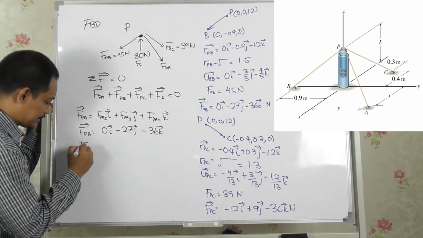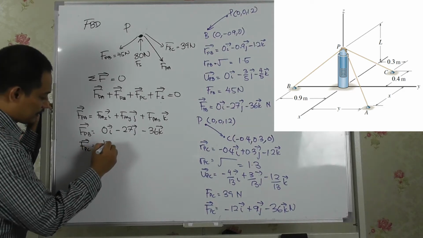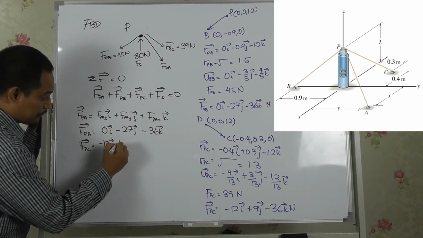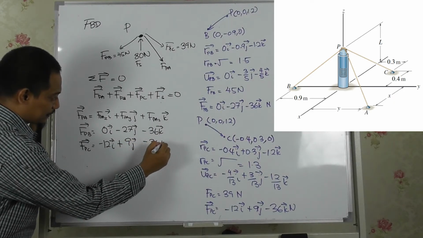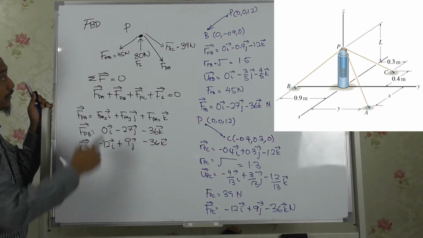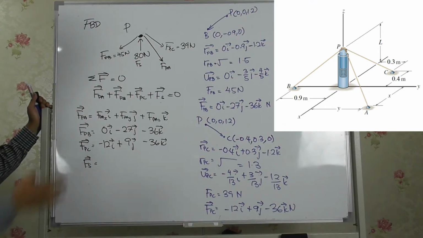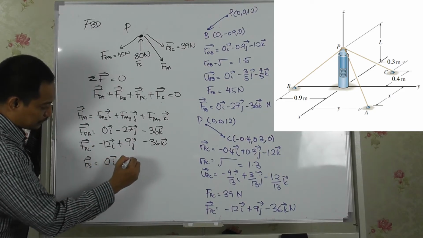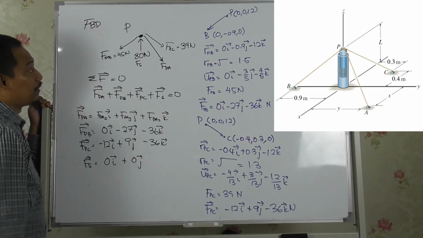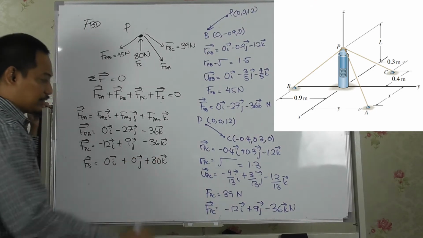And then FPC is minus 12i plus 9j minus 36k. And then FS is going up, right? So it's k: 0i plus 0j plus 80k. So 80 going up.